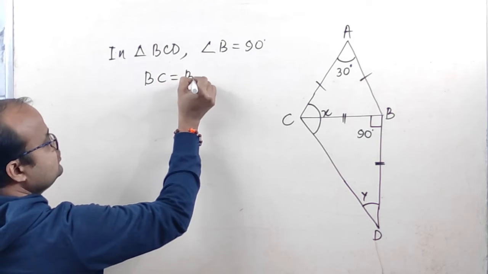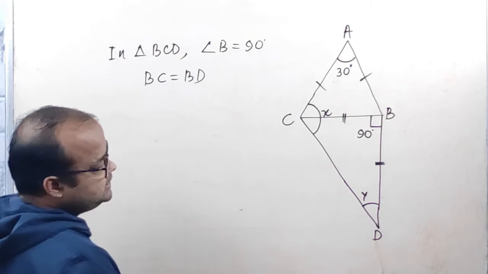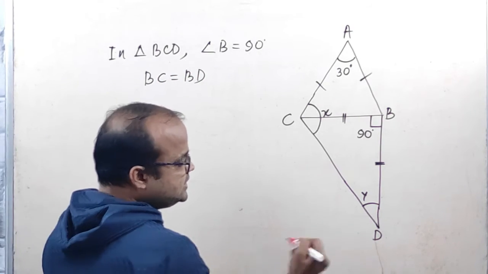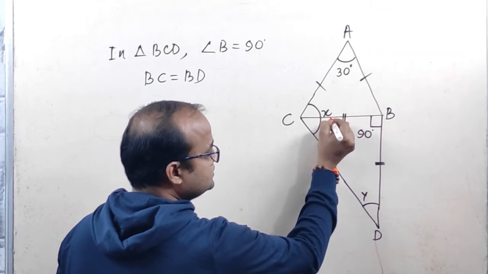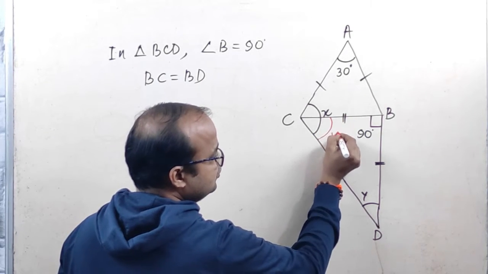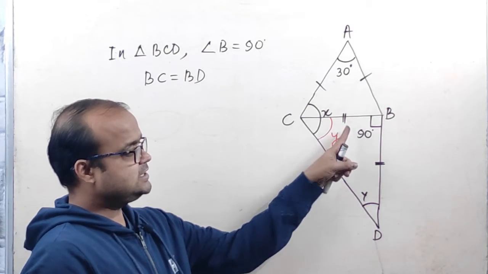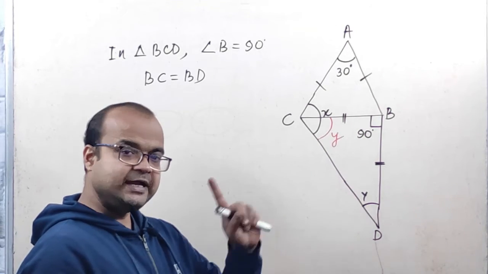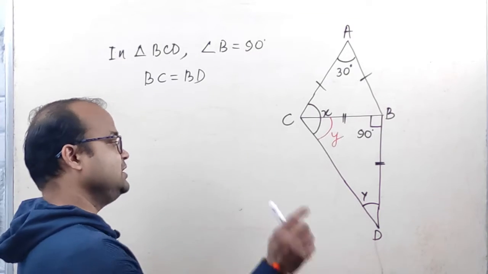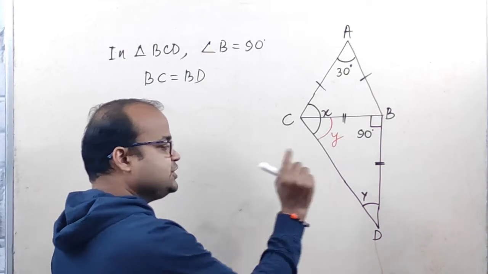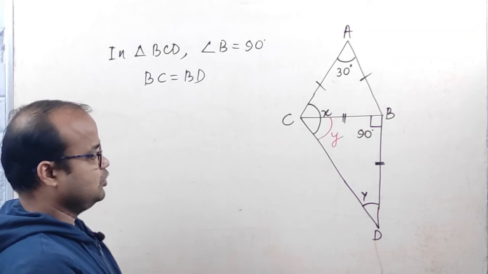BC equals BD. That means if this angle is y, this angle is also equal to y, because it is an isosceles triangle, and in an isosceles triangle, angles opposite to equal sides are equal.